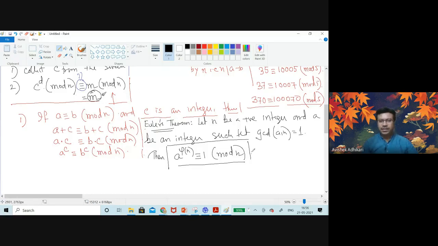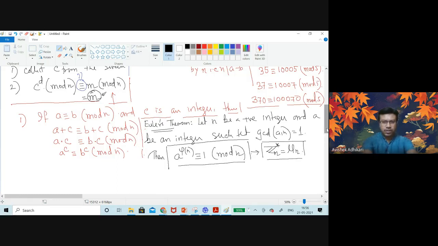And I mentioned this proof, which is basically based on the concept of Zn star or Un. I have explained all the mathematical details required for understanding cryptography in my lecture videos of class 3 and 4. Those who missed those classes may read them, or read from any number theory book.